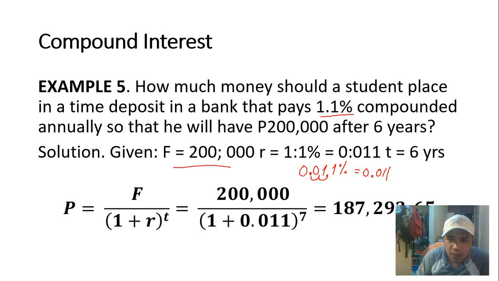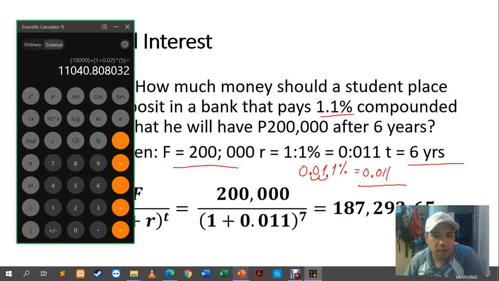Given is F is 200,000, R is 0.011, and time is 6 years. So, P is equal to F over 1 plus R raised to T, or 200,000 over 1 plus 0.011 raised to 6. Let's calculate.